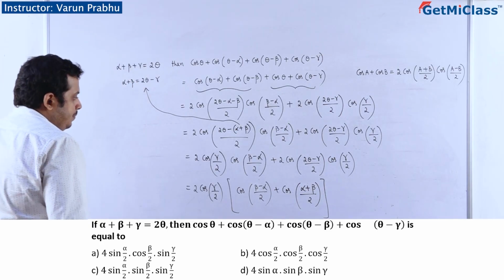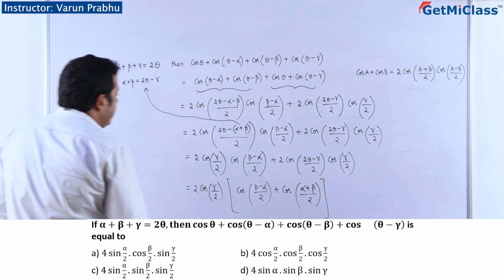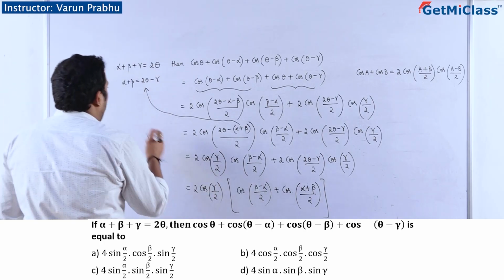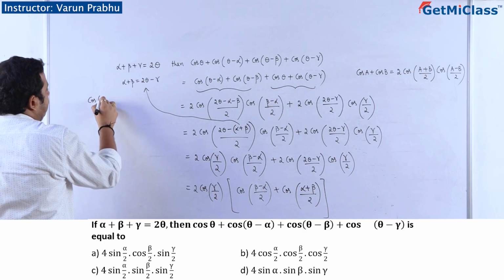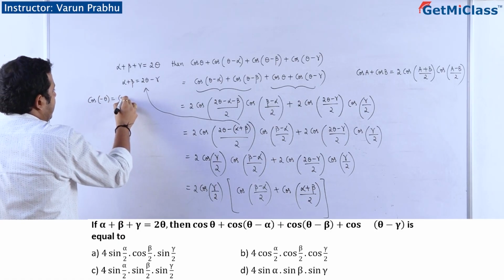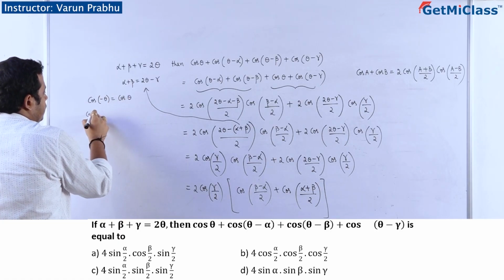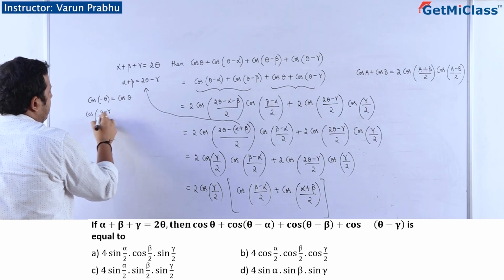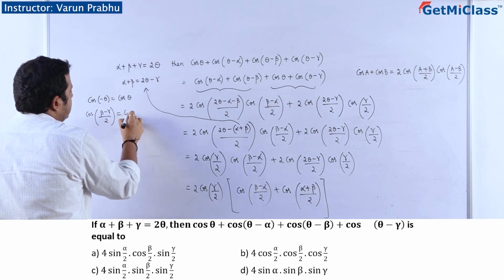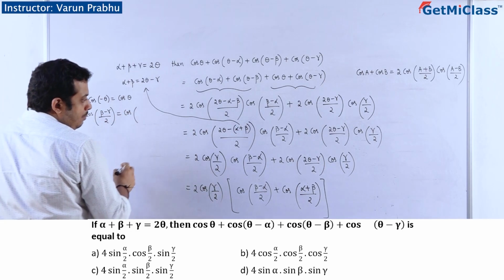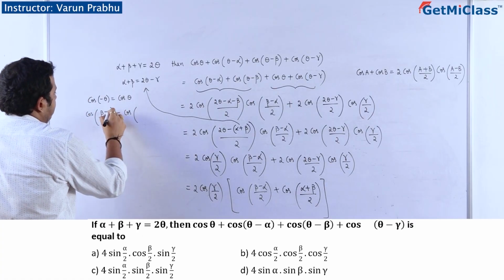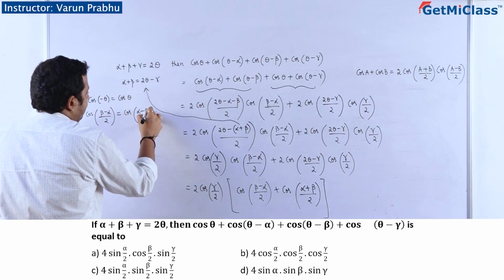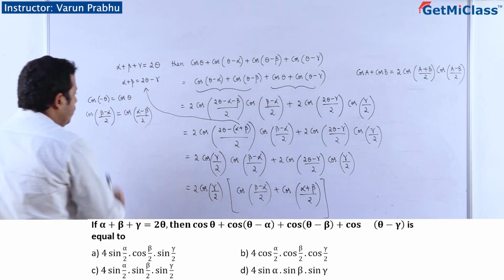Now cos of minus theta is nothing but cos theta only, right? So cos of (beta minus alpha) divided by 2 is as good as cos of (alpha minus beta) divided by 2, one and the same.